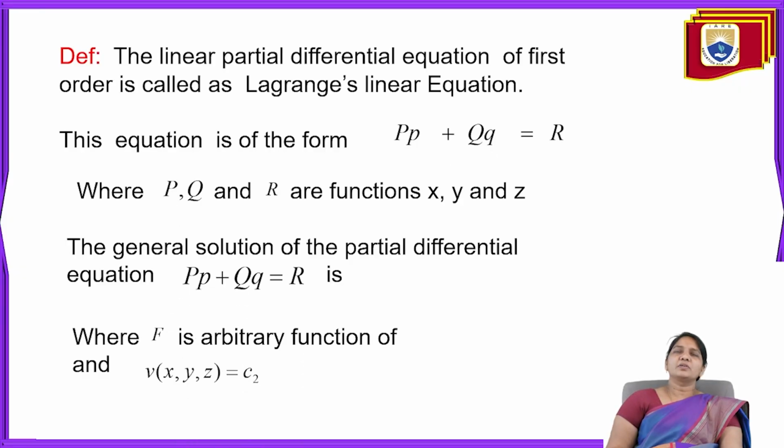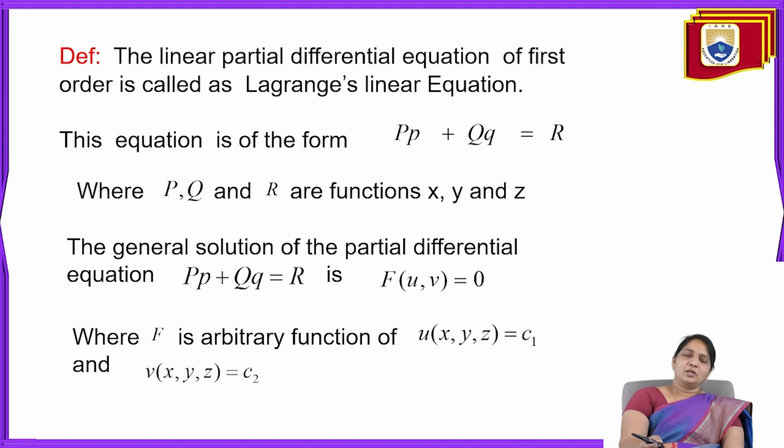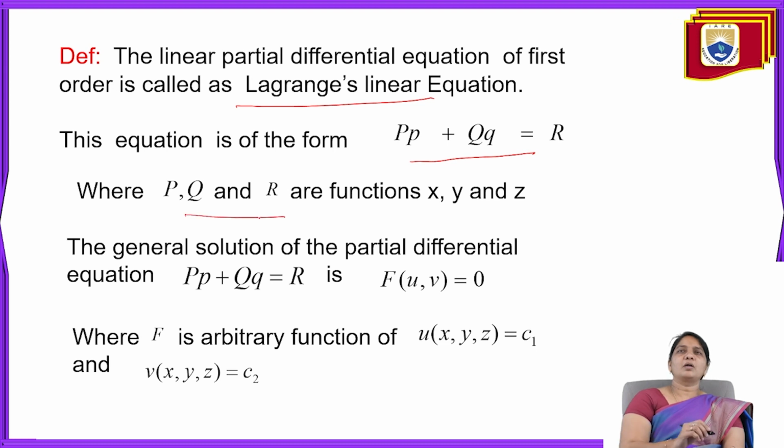What is the Lagrange's equation? Just I want to give some outlines here. The Lagrange's equation is in the form Pp plus Qq equal to R, and P, Q, R are functions of x, y, z. The general solution of this Lagrange's equation is f of u, v equal to 0 or phi of u, v equal to 0.